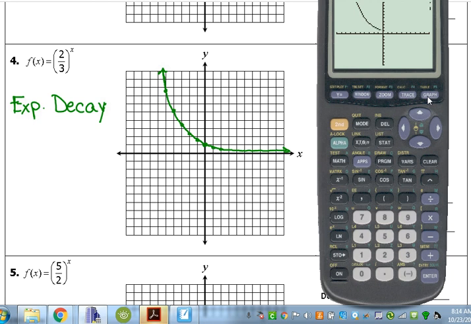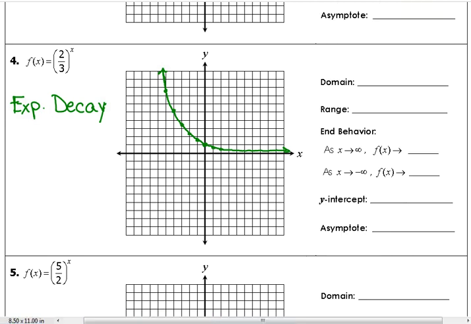If we look at it on the calculator, it's not as steep, is it? It's a little bit more spread out. I was able to go all the way to -5 and plot a point. I haven't been able to get all the way to a 5 yet, negative or positive, and for it to be able to fit on the graph that I've got. So this 2/3 kind of spreads things out a little bit.